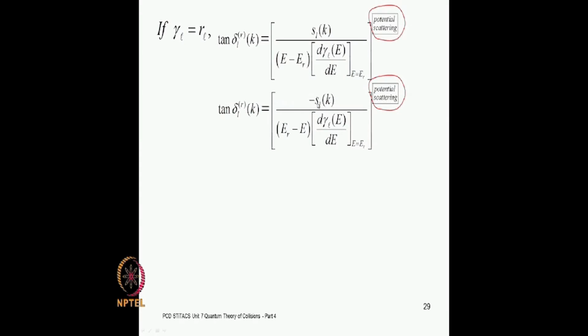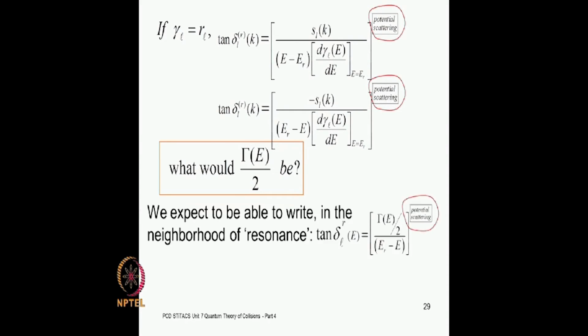What this allows me to do is to determine how to interpret the resonance width. The resonance width has now got a new meaning for the potential scattering, because if the resonance width is to be so defined that half of that divided by the energy difference will still be related to the tangent of the phase shift at resonance, then we now have a correspondence between this part in this blue box and this part in this blue box.